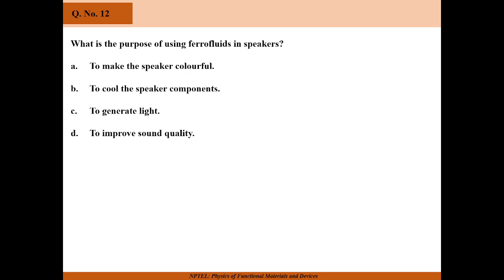What is the purpose of using ferrofluids in speakers? To make speakers colorful, to cool the speaker components, to generate light, to improve the sound quality. Which one do you think is the correct answer?